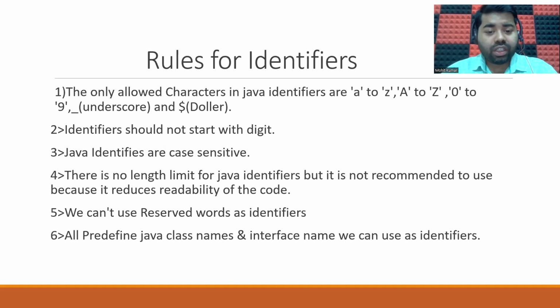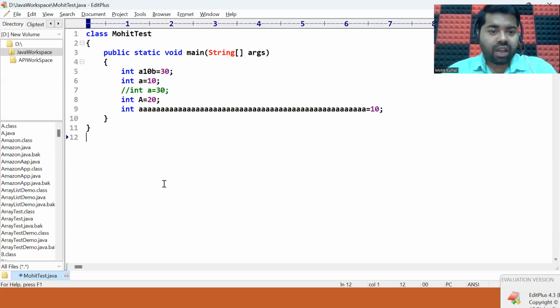We cannot use a reserved word as an identifier. In Java we have around 53 reserved words, and we most frequently use around 50 or 48. I don't have the exact number, but I will tell you in a coming session.